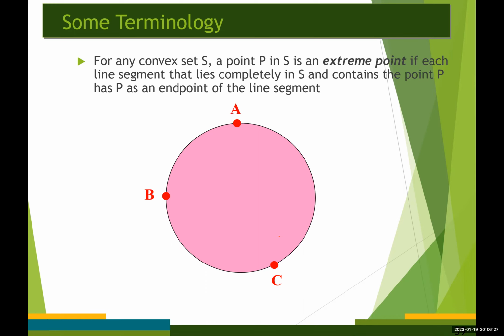In this figure, each point A, B, C is on the circumference of the circle, so each is an extreme point of S. If you draw lines like this, AB, AC, BC, then each line segment is completely within the shaded area, right?